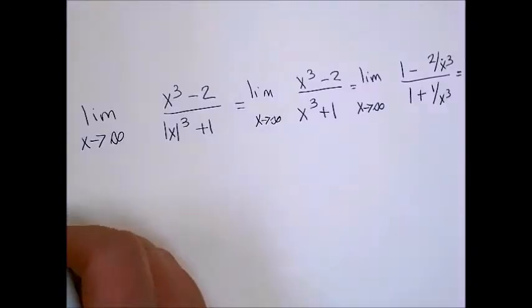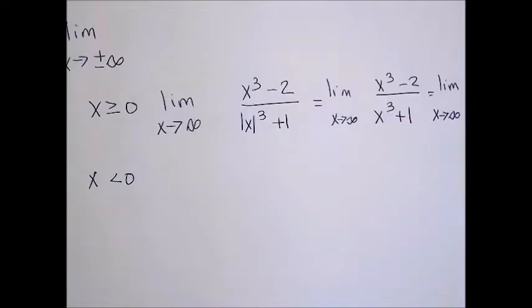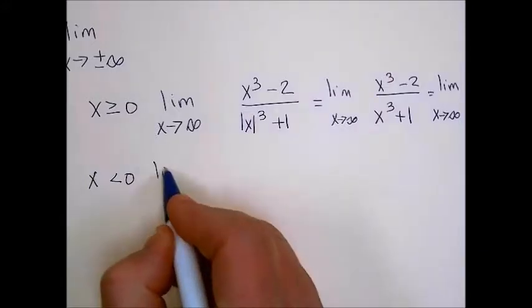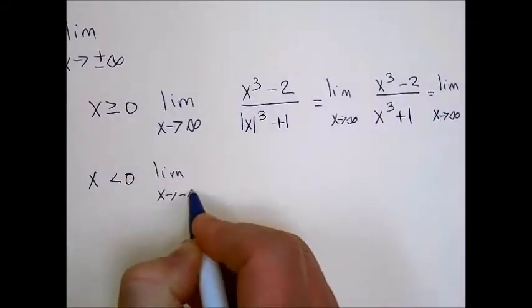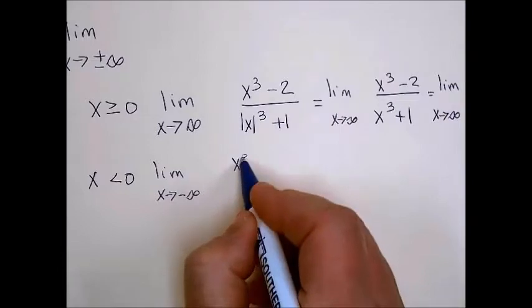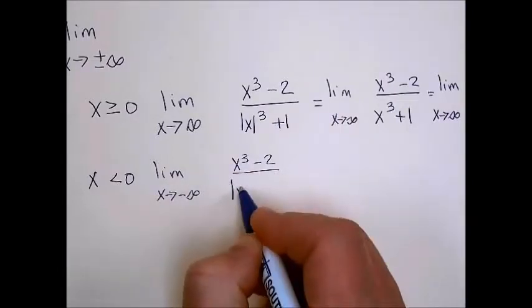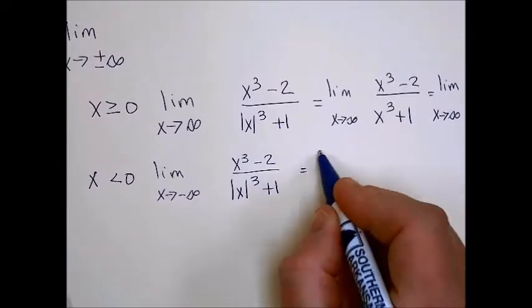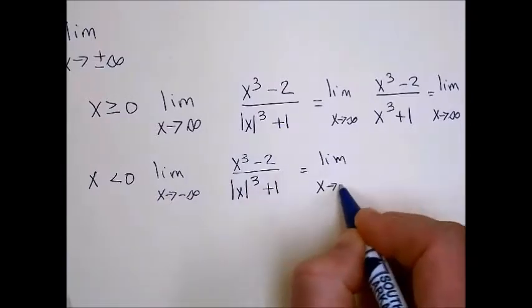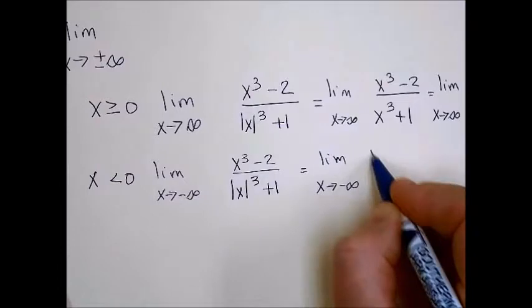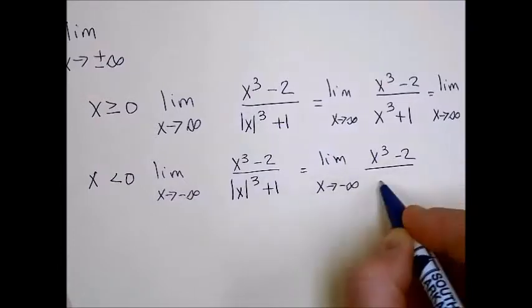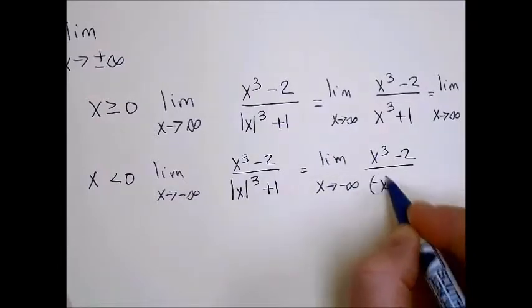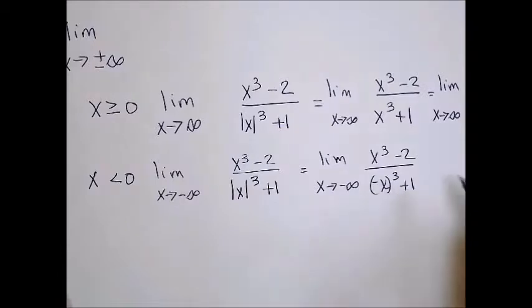When x is less than 0, we're going to find the limit as x approaches negative infinity of (x cubed minus 2) over (absolute value of x cubed plus 1). We're going to treat that as the limit as x approaches negative infinity of (x cubed minus 2) over (negative x cubed plus 1).